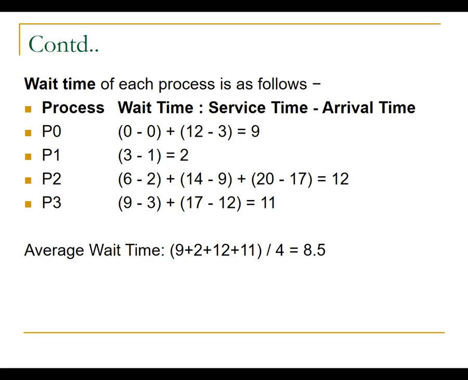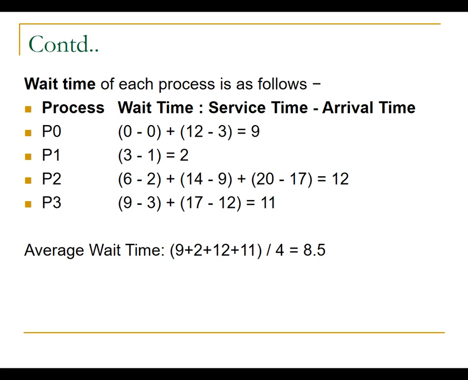Now if you compare each and every waiting time, it should be sorted into ascending order. If I sort the processes, then the lowest waiting time belongs to P1, that is 2. So the first process which is going to be executed is P1 by the central processing unit, as its waiting time is minimum compared to all others.